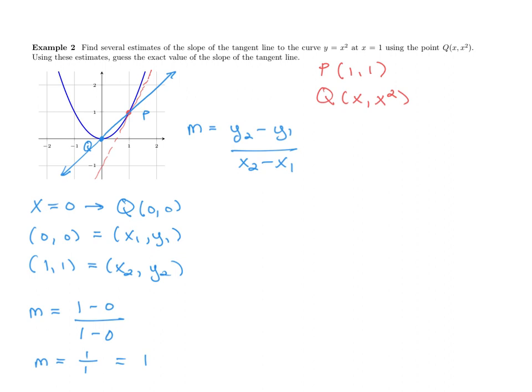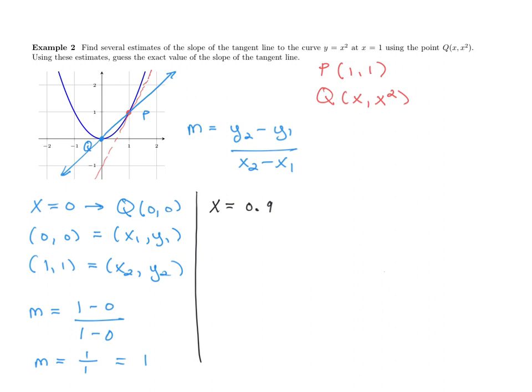So if I want a better estimate, how about I try this? Let's try this again, but I'm going to let x equal 0.9. So instead of letting x equal 0, I'll put x being 0.9 right here, which is really close to 1. The resulting line will have a slope that's closer to this thing.